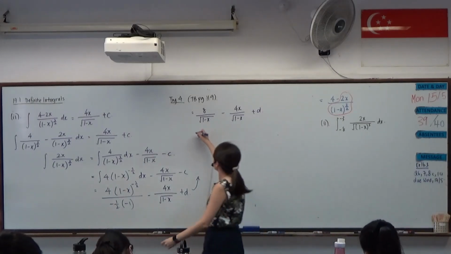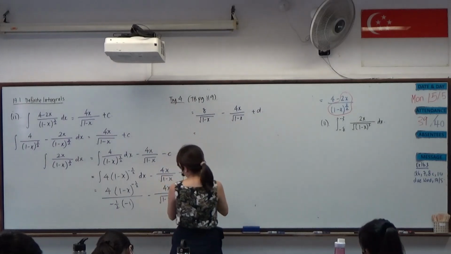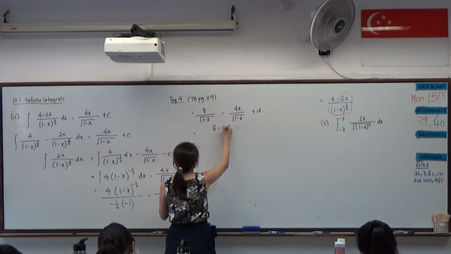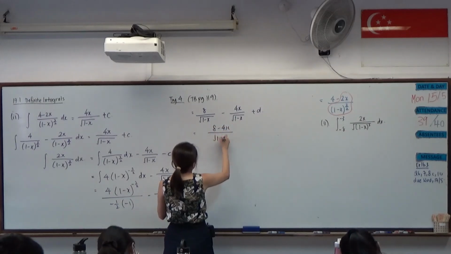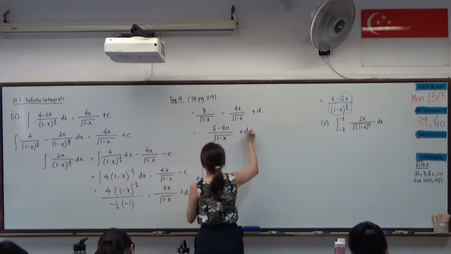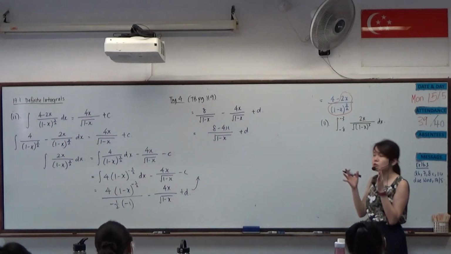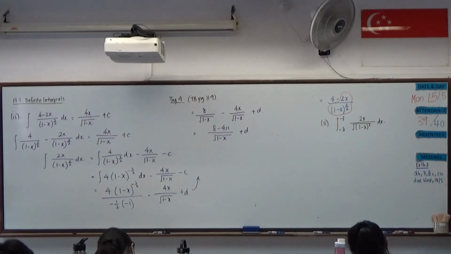Then you can put this together since the denominator is the same, so we get 8 minus 4x over square root 1 minus x. So I focus solely on the integration first.